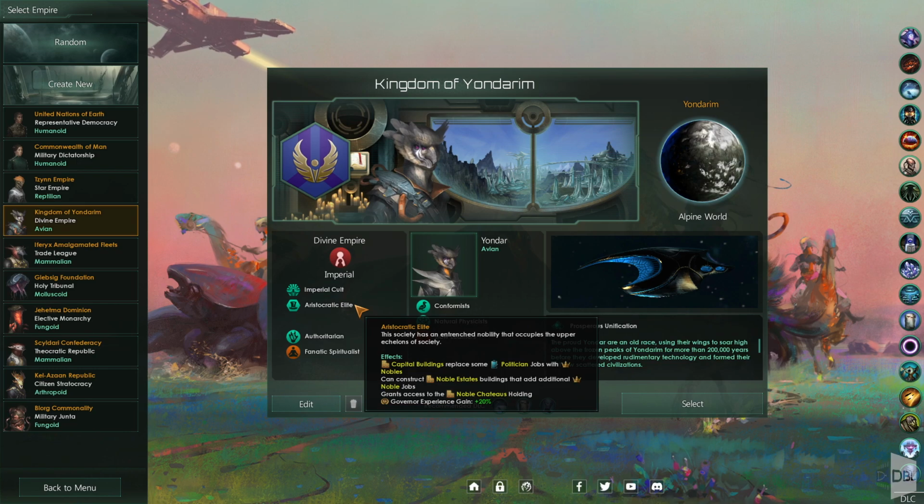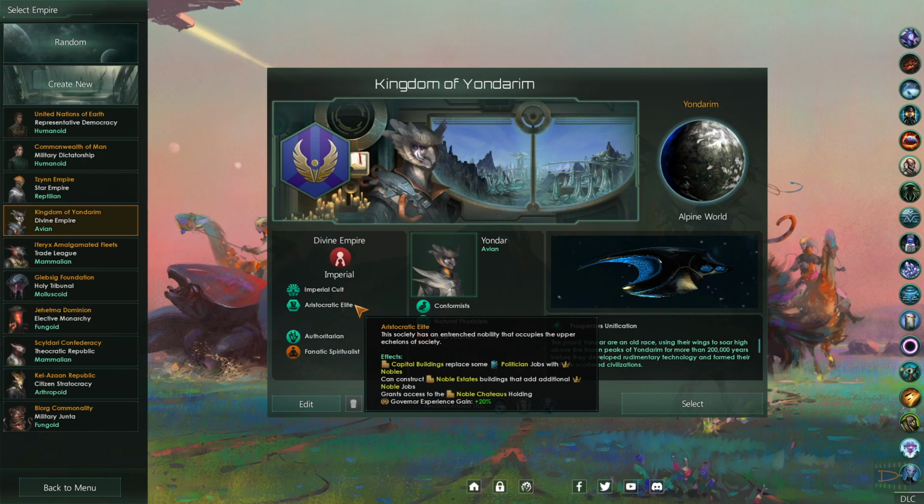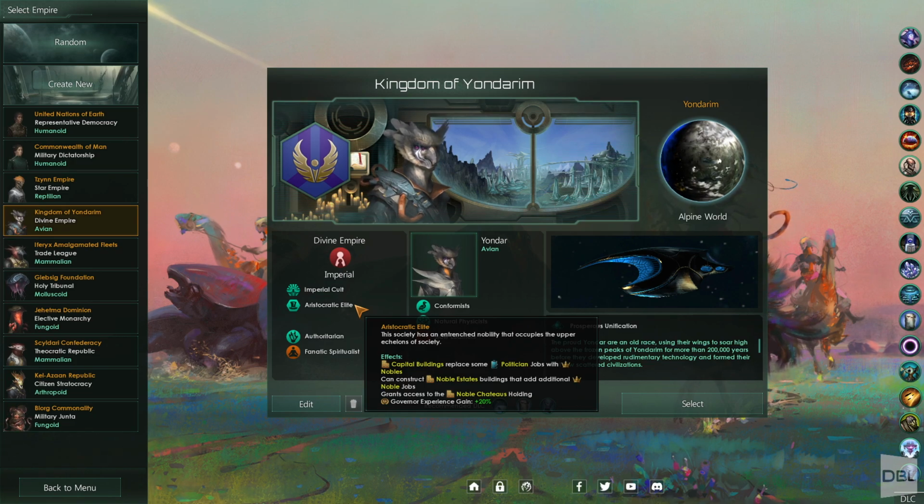The society has an entrenched nobility that occupies the upper echelons of society. Okay. Capitol buildings replace some politician jobs with nobles. Can construct noble estates, buildings that add additional noble jobs, grants access to the noble chateaus, holding the governor experience gain plus 20%.